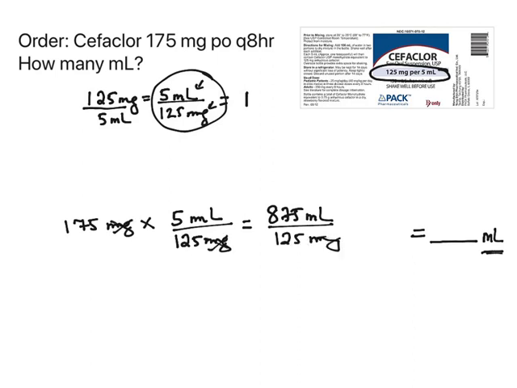I forgot to cancel here, so that is wrong. And this works out to 7 mils. So again, in order to give 175 milligrams of Cefaclor, I will give 7 milliliters of Cefaclor.